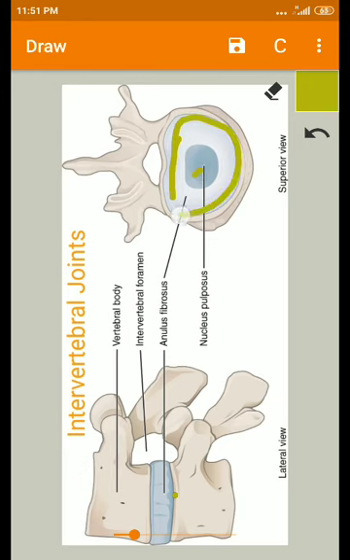The outer zone is a narrow zone made up of collagenous fibers, and the inner zone is a wider zone made up of fibrocartilage.